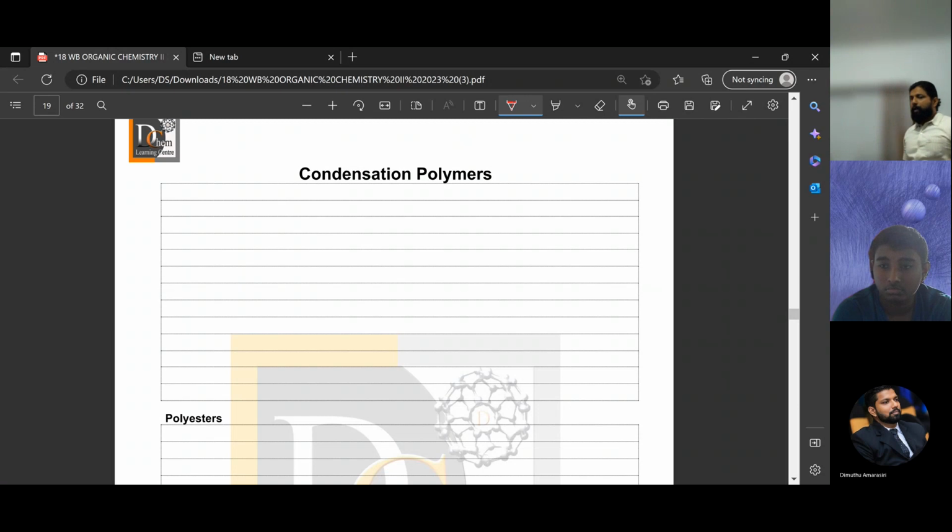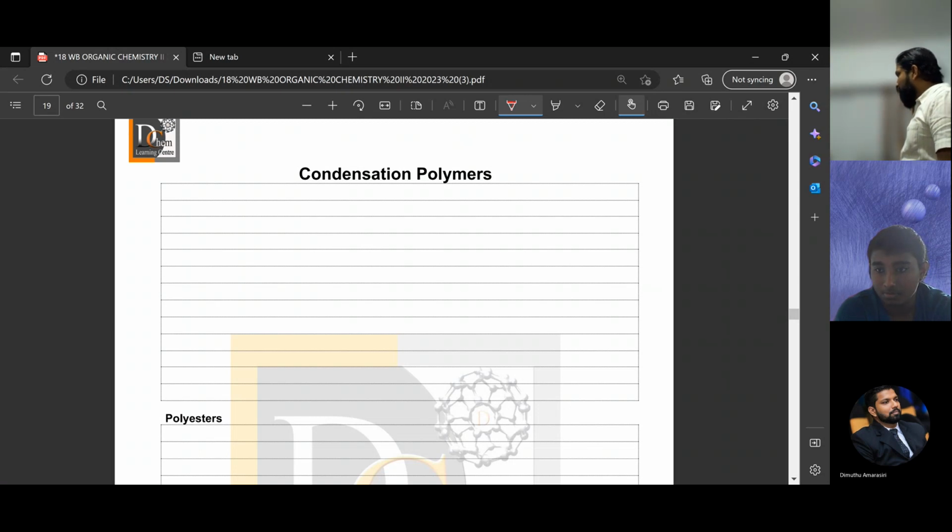In the syllabus, we need to know three types of condensation polymers. One is called polyesters. The other is called polyamides. The other is called polysaccharides.